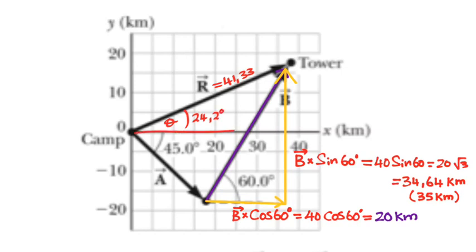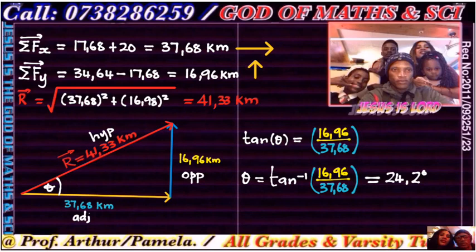That is above the red line. You need to say above, to be specific, above the positive x-axis. You can even mention it the other way around.